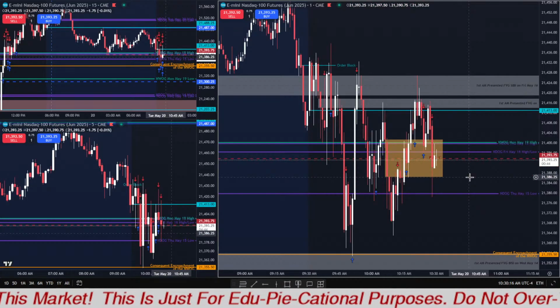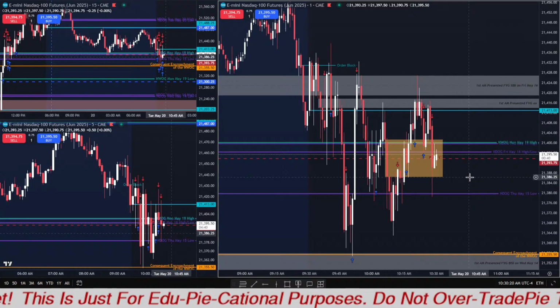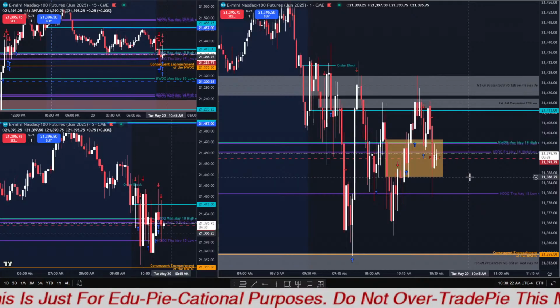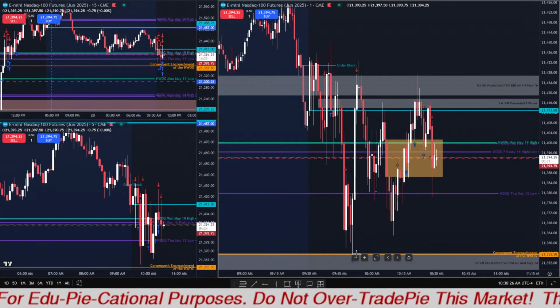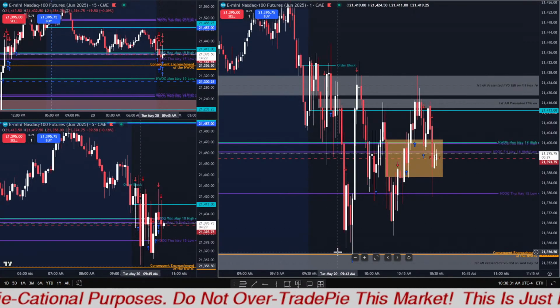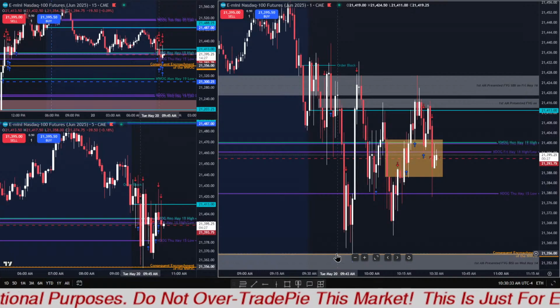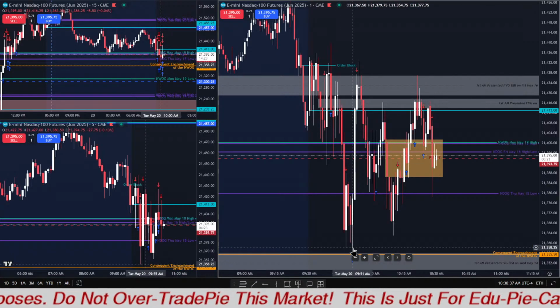Alright, I'm going to close this stream for today. So far, I'm happy that the objective of this sell side liquidity over here, as well as this consequent encroachment of the new week opening gap, was delivered very nicely.